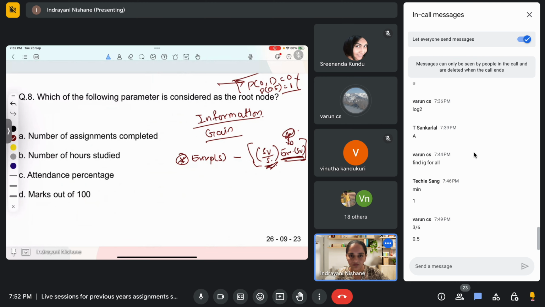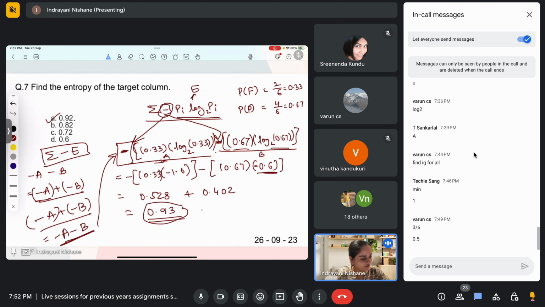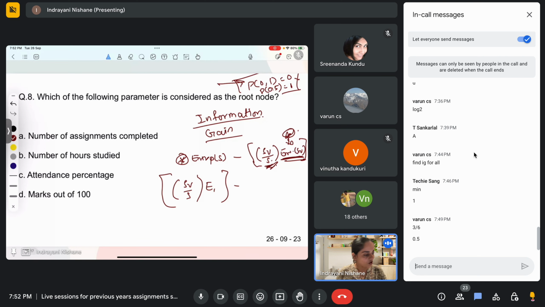0. Yeah. So when we write this SV by S into E1, the entropy value is 0.9. We'll consider this 0.92, whatever answer we have gotten. So 0.92 minus this, and I'm opening the bracket.